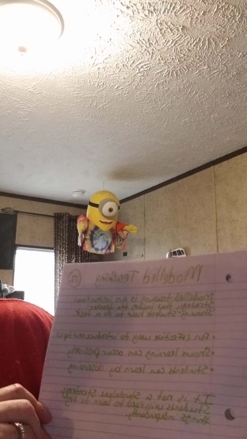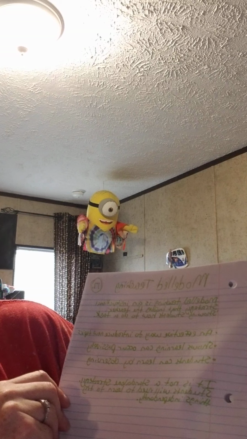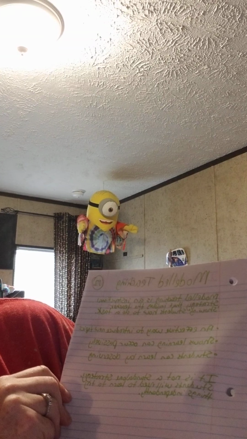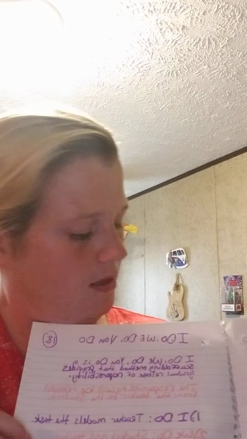Modeled teaching. Modeled teaching is an instructional strategy that involves the teacher showing students how to do a task. The teacher models what to do, and the students know how to do it after. I do, we do, you do.